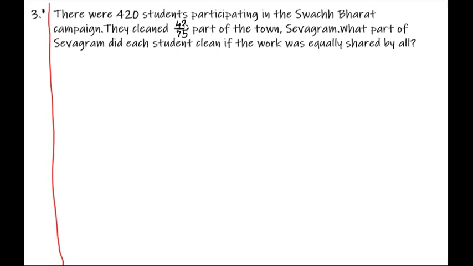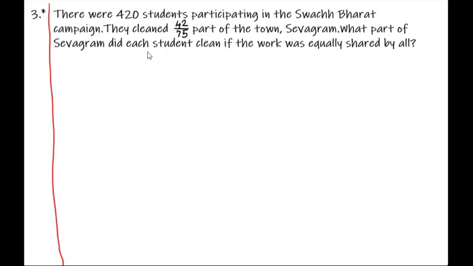They cleaned 42 upon 75 part of the town Sevagram. So this is one town, Sevagram. From that town, these 420 students have cleaned how much part? 42 upon 75.